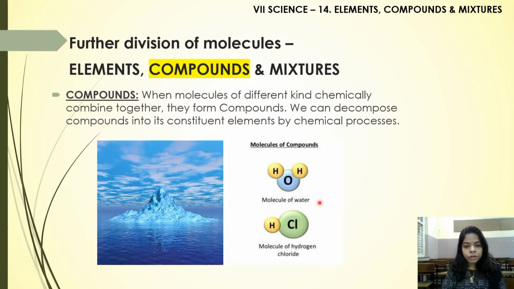See the molecule of water, it is having oxygen and hydrogen, two different kinds of atoms. This is hydrogen chloride, it is having hydrogen and chlorine, two different kinds of atoms again. So this is a compound made by joining different kinds of atoms. It will not have same kinds of atoms. This is water present in nature. So beautiful.